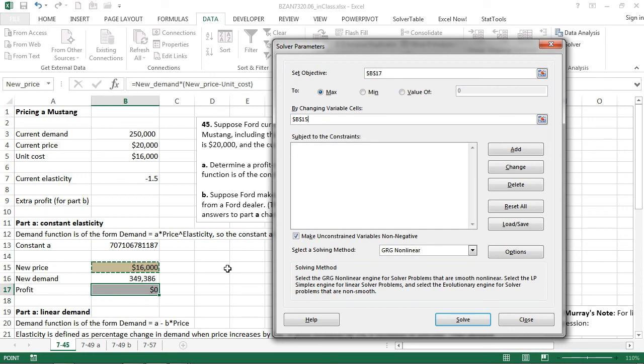Well, let's think about this for a second. Clearly, I don't want my decision variable, which is price, to be negative. Well, that's not going to happen, right? Because I've got the make unconstrained variables not negative option checked. So not to worry about that. Are there any other constraints that I can think of for this problem?